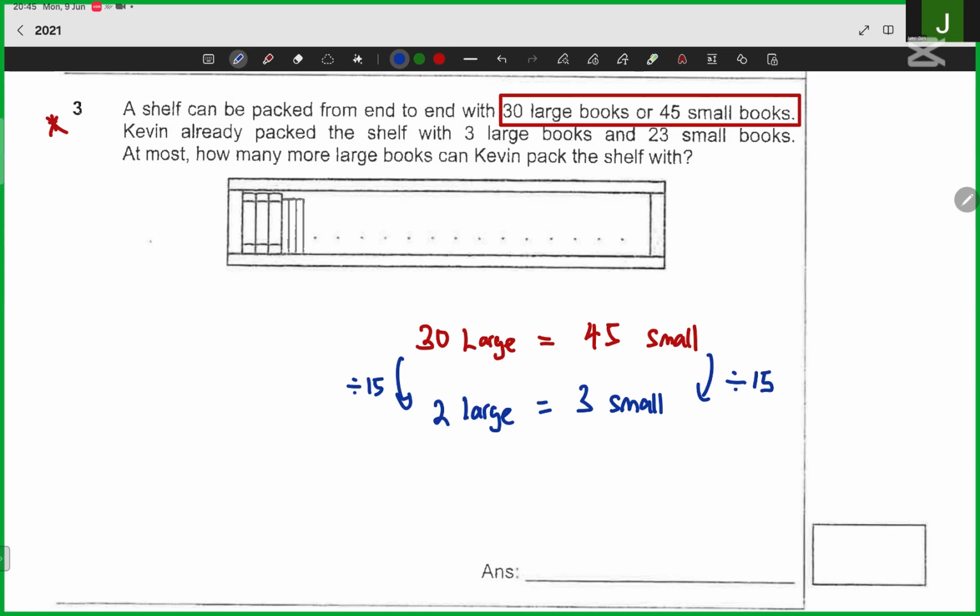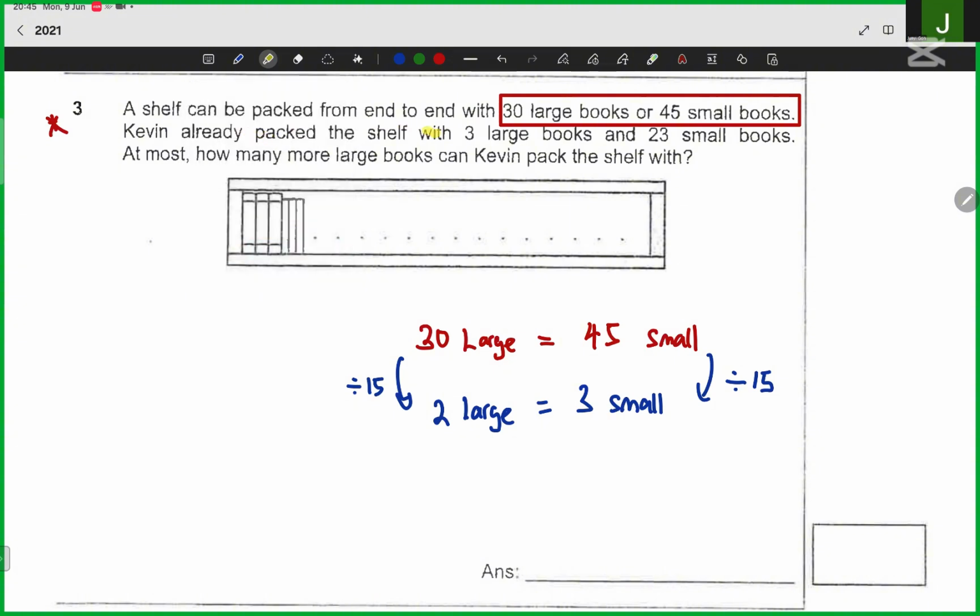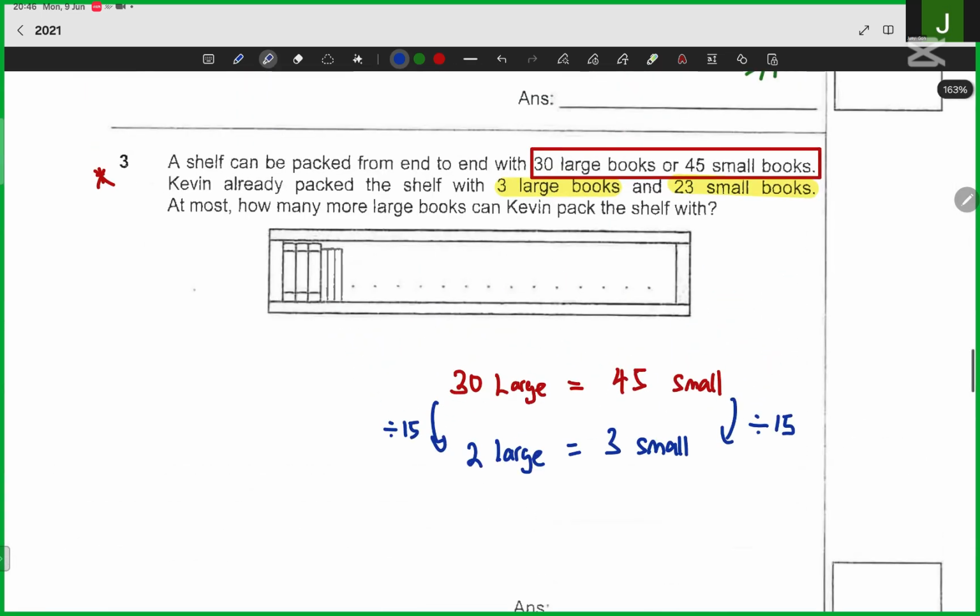But Kelvin only packed the shelf with 3 large and 23 small. Now we cannot really compare 3 large and 2 large, correct? So I'm going to go a little bit further.